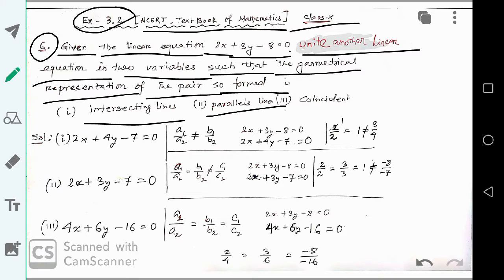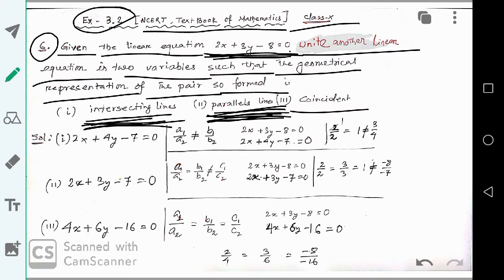parallel lines, and coincident lines. That means we have to give examples of equations such that the line representing that equation intersects the line representing the given equation. Again, we have to give another linear equation whose line is parallel to the line representing the given equation.